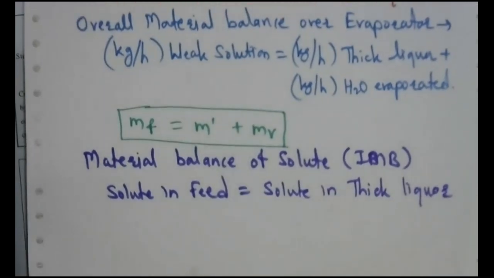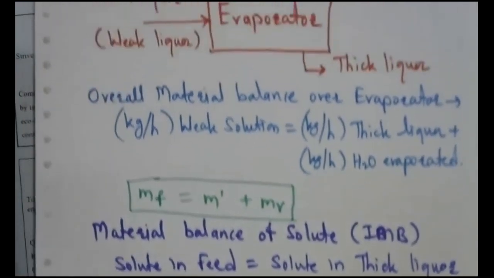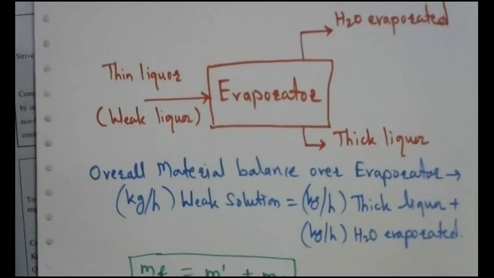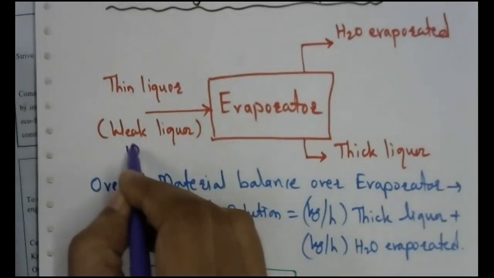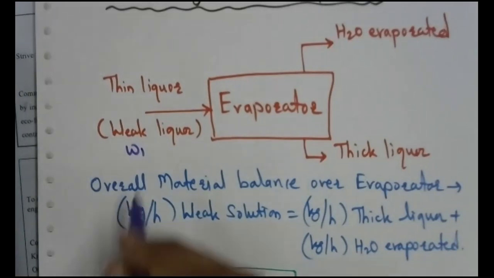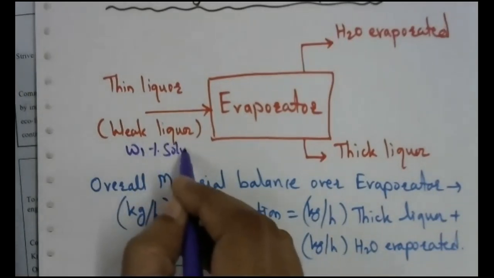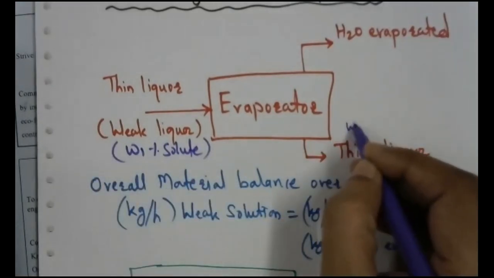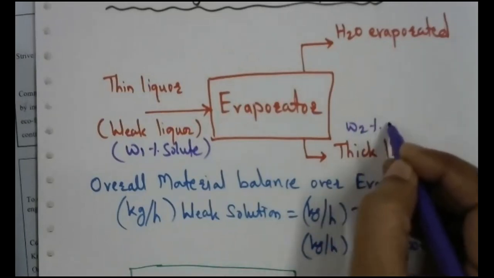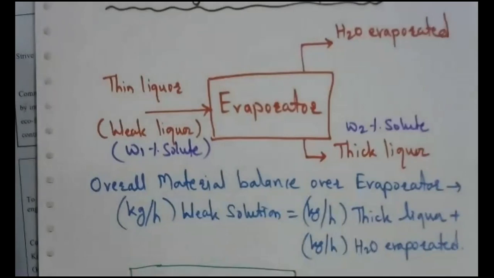Now we can write it in terms of parameters or symbols. For this purpose, we must know the solute percent in the feed and in the thick liquor. So I will write here W1 percent solute or solid in the feed, and here W2 percent of solute in the thick liquor.